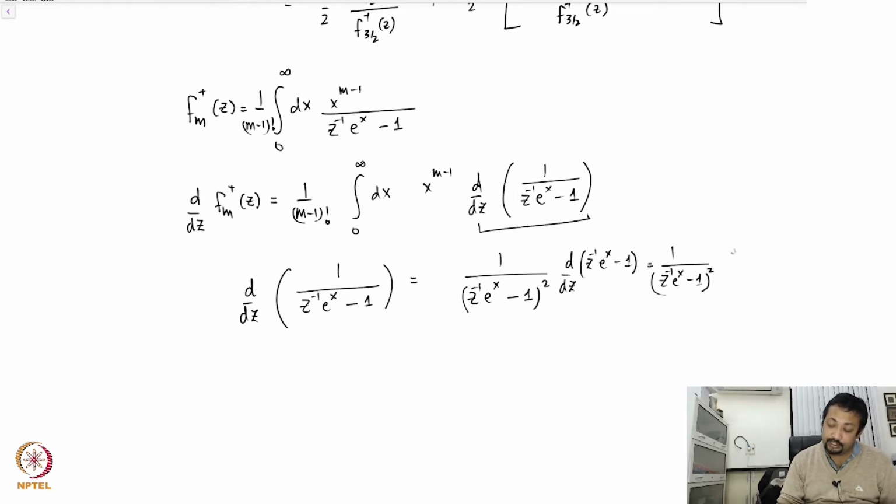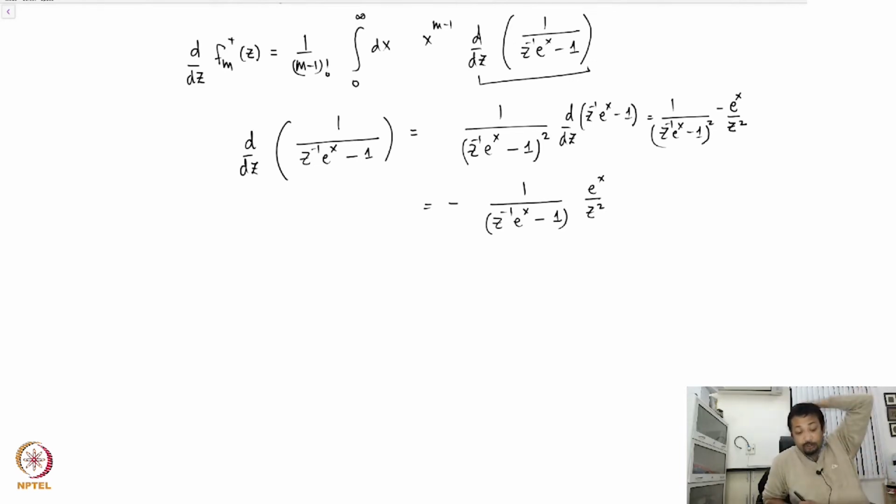I have e to the power x times d/dZ of 1 by Z, which gives me minus 1 over Z square. So this derivative is minus 1 over (Z inverse e to the power x minus 1) times e to the power x over Z square.